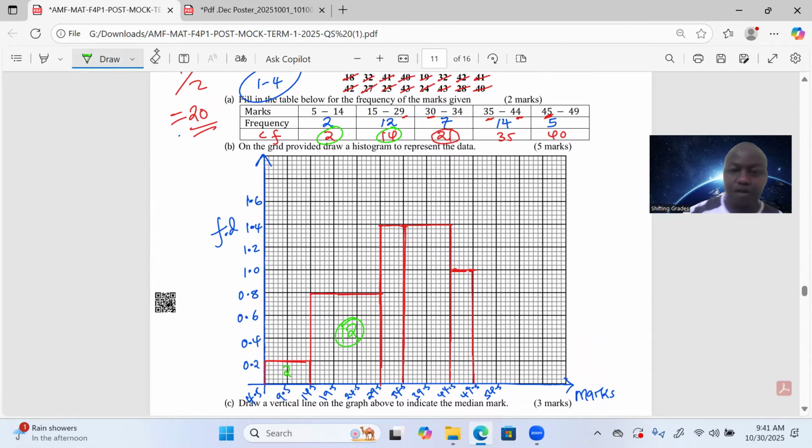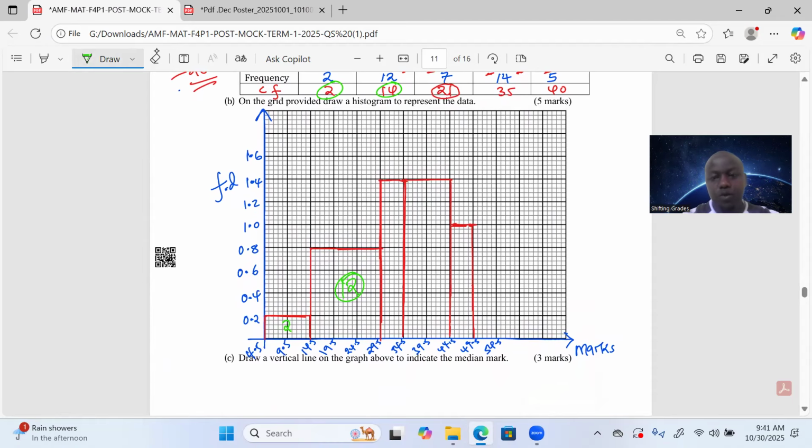And it's also good to know that whenever you are dealing with this type of graph, the area of the bar gives us the number of students in that class, the frequency. Because frequency density is given by frequency over width, to get back frequency we need frequency density, which is the height, times width. The width is along the x-axis.